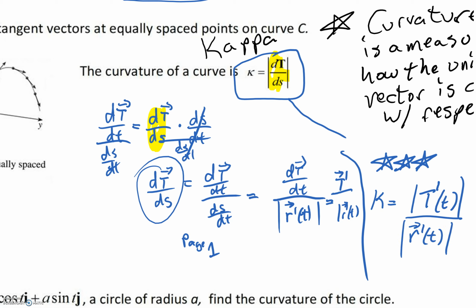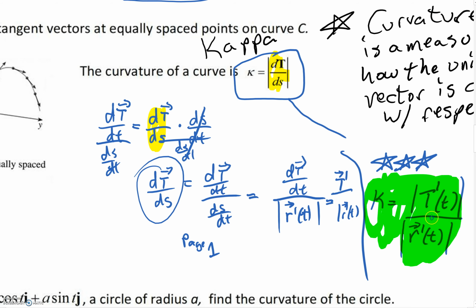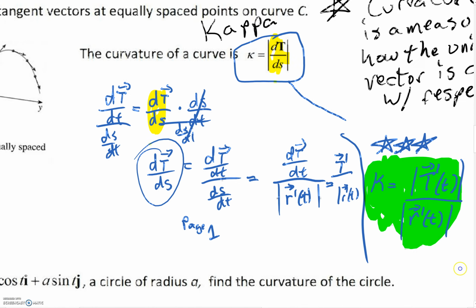So this was the proof of the curvature formula. And it's right here. Just need to put a vector arrow above in that numerator. So once you have that, then you can go ahead and quickly find what curvature actually is.